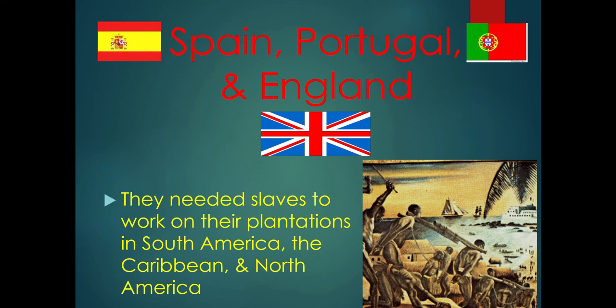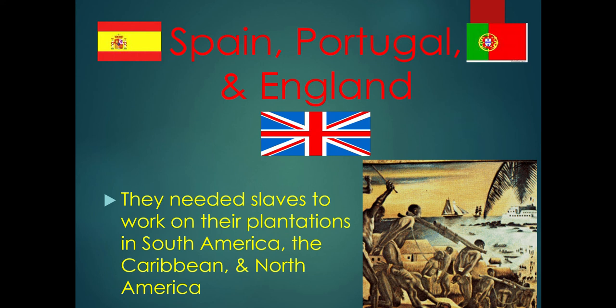People were exploring all over the world now. And these people started realizing that they wanted or needed slaves to work on their plantations in places like South America, in the Caribbean, and in North America. North America is where you live. That is our continent. We live in North America.